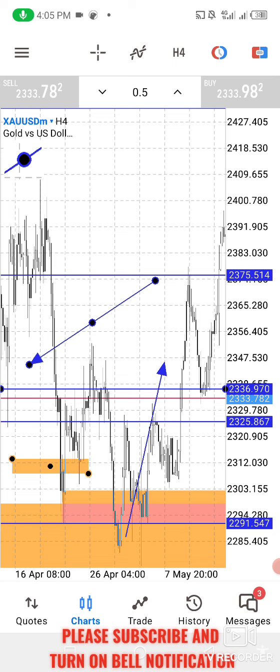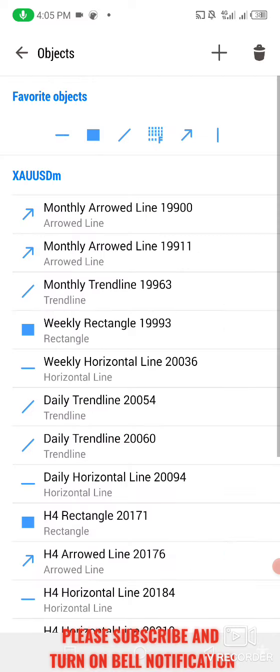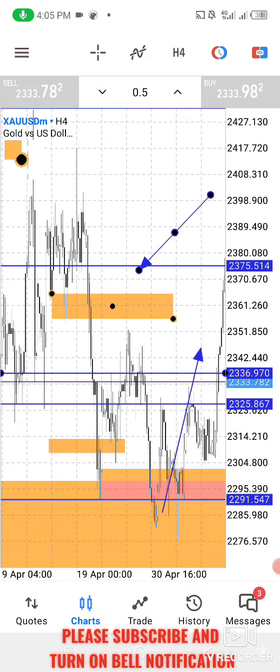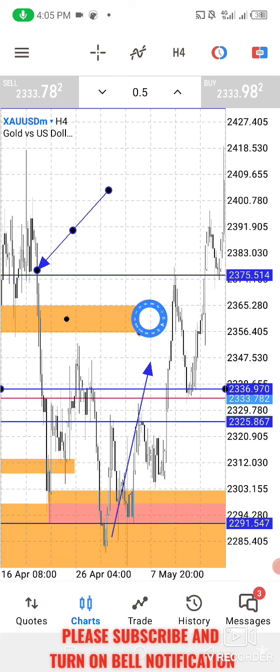H4 is necessary. Even if you cannot do the monthly, weekly and daily, try the H4. You see here, the price came here and pushed high, and then what is it doing? It has to come and react to this level, because this is a structural level. These are resistance and support that have been broken. So price has to come and react and push down, and that means we expect that push down.